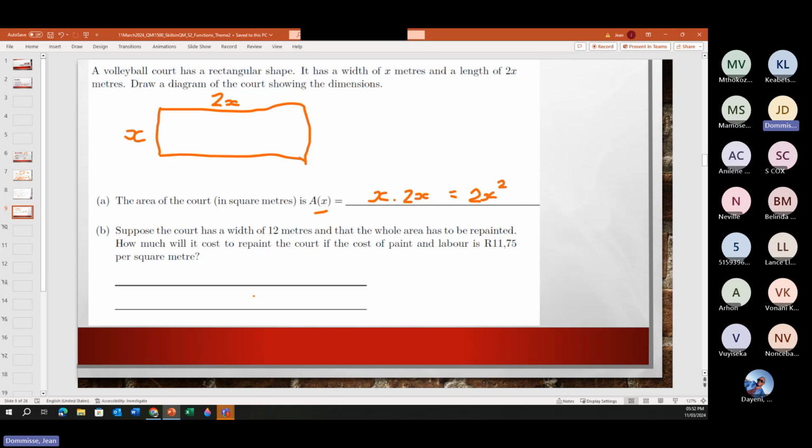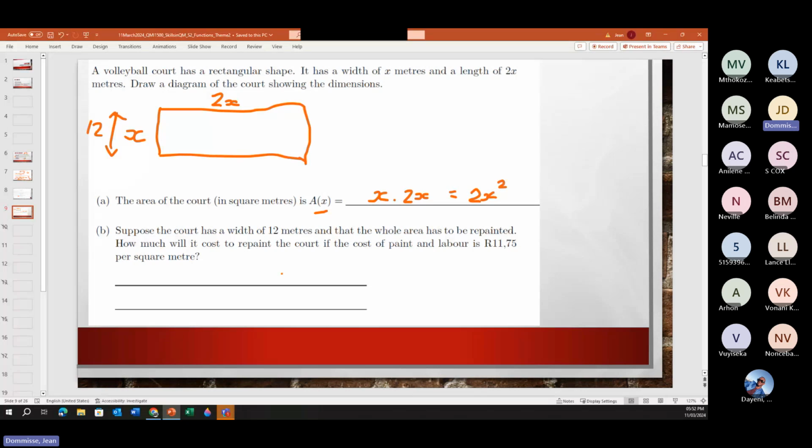In the next question, they give you a bit more information to work out something. Suppose that the court has a width of 12 meters and that the whole area has to be repainted.